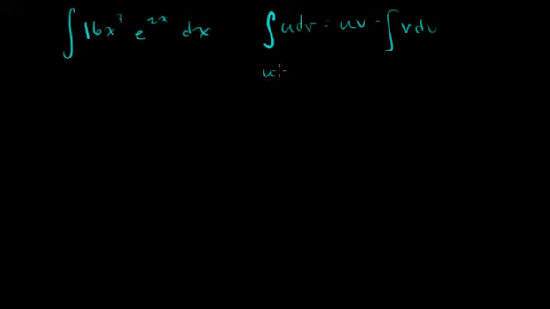What I would do first here is I'd let u equal 16x cubed. Now let's take the derivative. We get 48x squared dx.